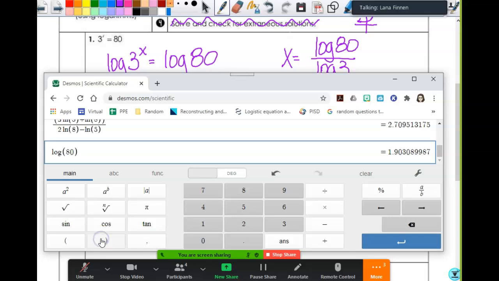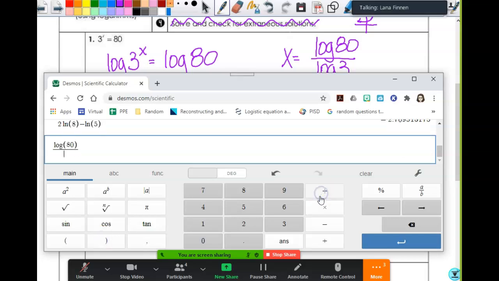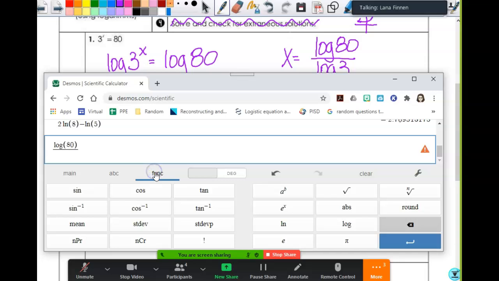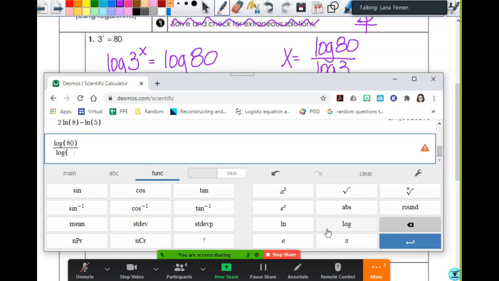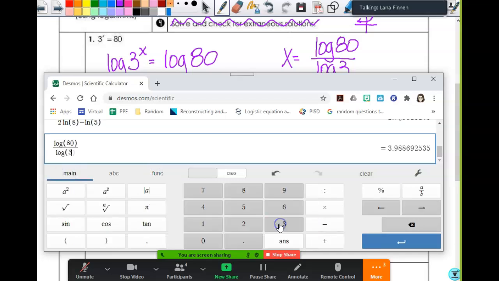Close my parentheses. Divided by function log main 3. And then you don't have to hit enter. Your answer is already right over here. But if you do hit enter, then it does give you a fresh line for the next one.